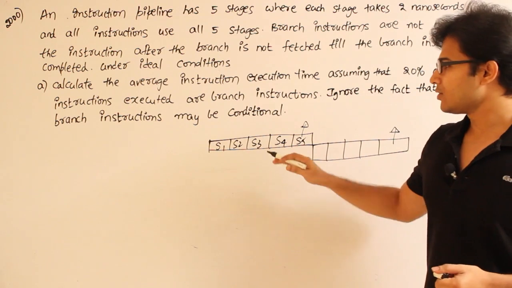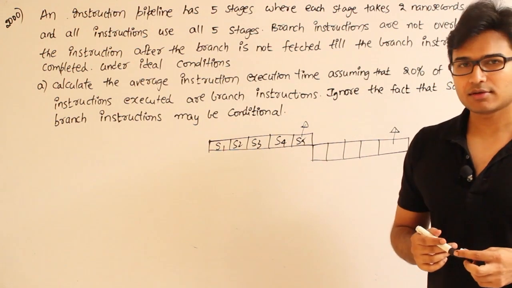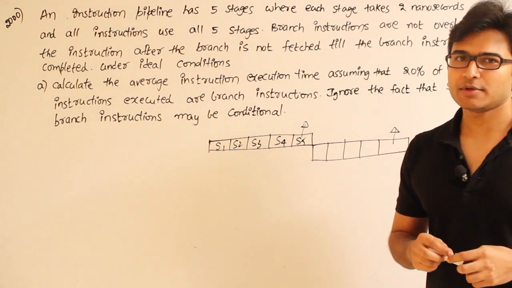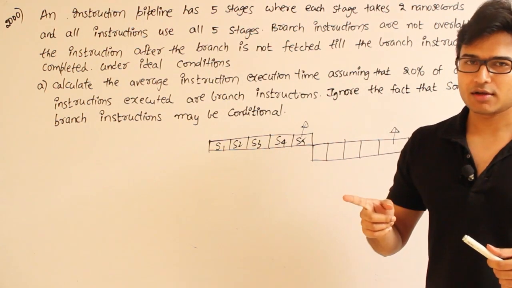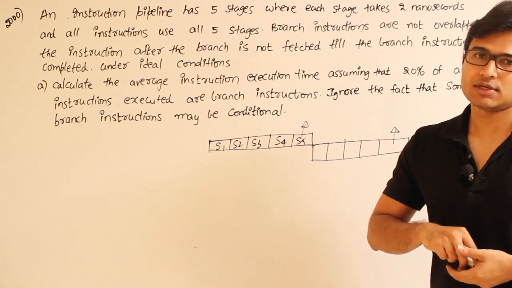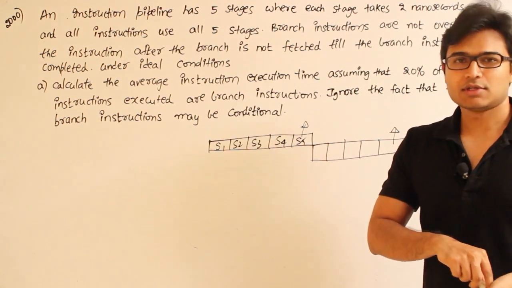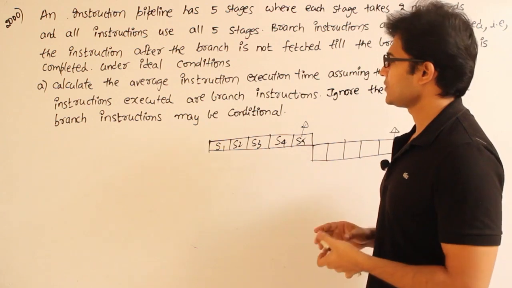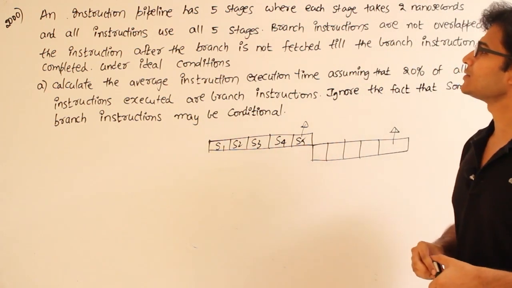For non-branch instructions, you can consider that instructions come out 1 per clock. Clocks per instruction is 1, but for branch instructions, the clocks per instruction is 5. So 5 clocks are required for the branch instructions.